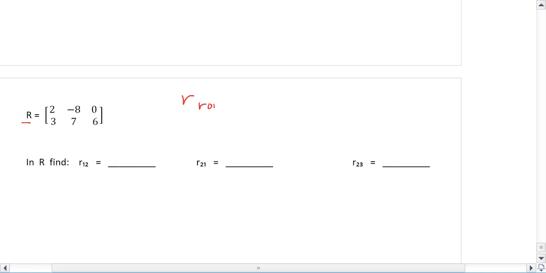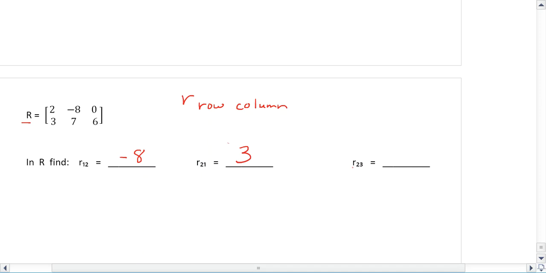So the first number is the row, and the second number is the column. So we read this as element R, 1, 2. 1 meaning it's in the first row, 2 meaning it's in the second column. So that would be a -8. If we're looking for element 2, 1, we'd go down to the second row, over, but stay in the first column rather. So that would be the element 3.